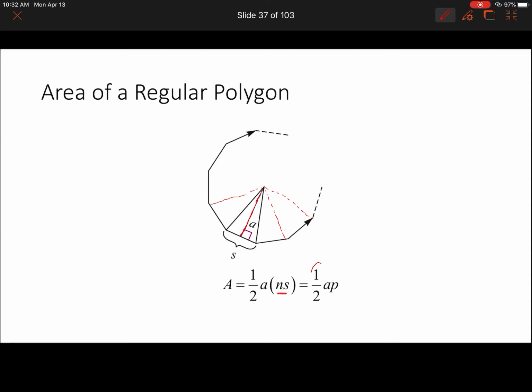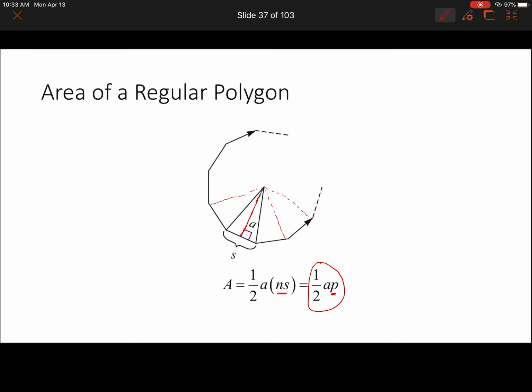And that's why over here we have 1/2 AP, P being the perimeter. Okay? And so what that's going to give us is this area of this one triangle, and then it's going to be done however many times based on the number of sides in the triangle. And so all the way around it, we'll use that to find that area.